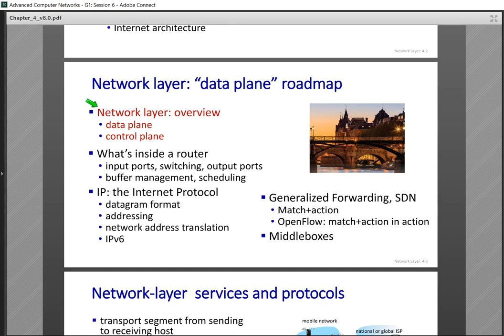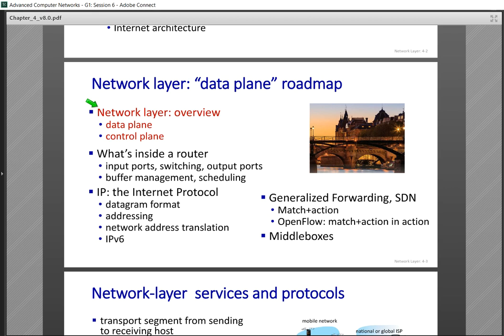If we look at the network layer in traditional computer network books, you can only see some important contents talking about data plane.